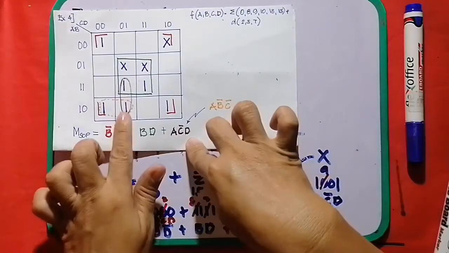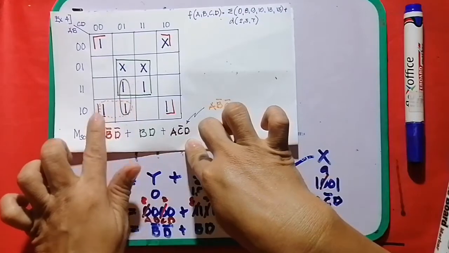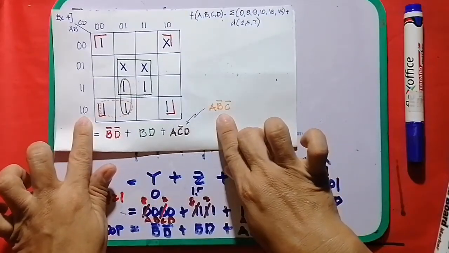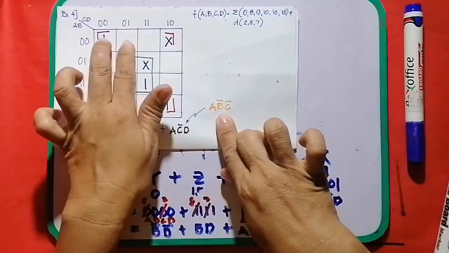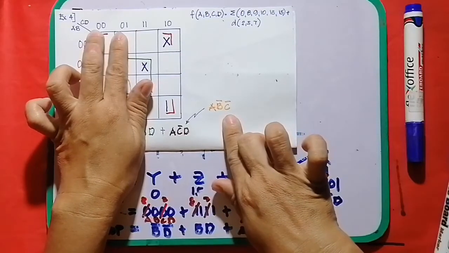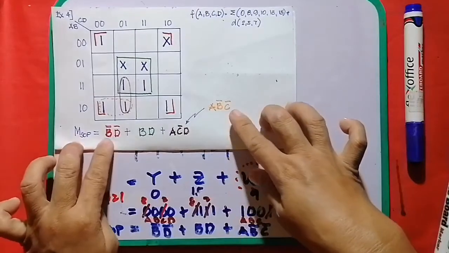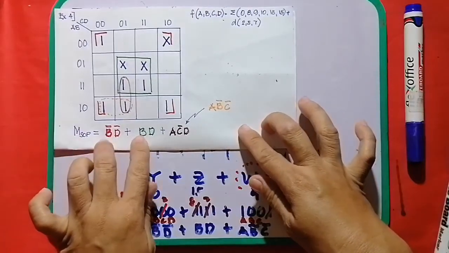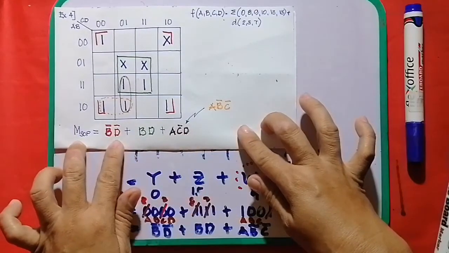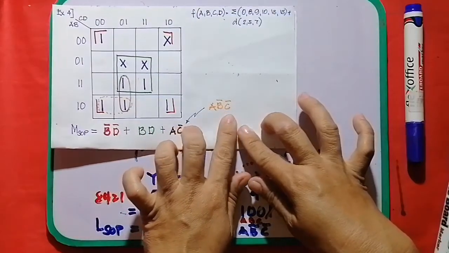But if you are going to group this one in here, so the min term equivalent will be A, not B, because that is 0, and then it occupies two columns, 0, 0, and 0, 1. 0, 0 would be not C, and 0, 1 is cancel. So the final answer would be not B and not D plus BD plus A and not CD, or not B and not D plus BD plus A and not B and not C.